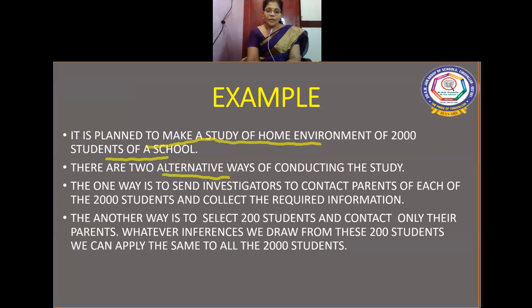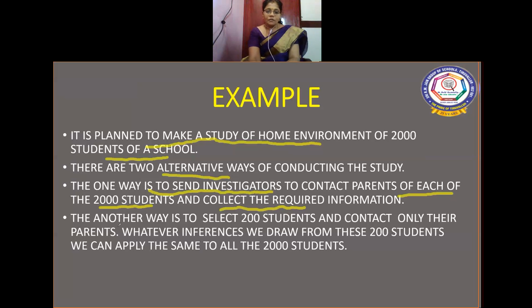One way is to send investigators to contact parents of each of the 2000 students. The investigators, the persons who collect the data, will be contacting each and every parent of the 2000 students and collect the required information. This is called census method because all the parents are involved in this process.